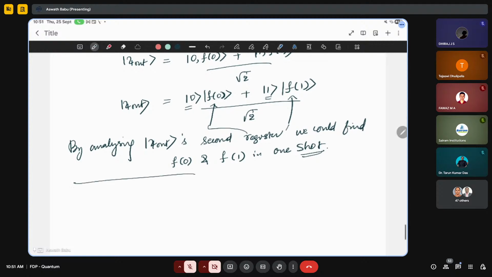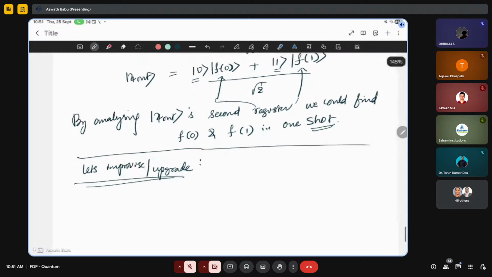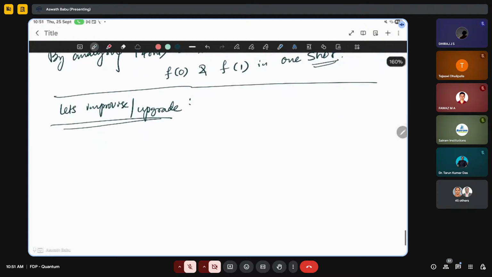Now let's improvise or upgrade. What I am going to upgrade is, I'm not satisfied with just two values. I want to do it for four values. Let's say I have x values 0, 1, 2, 3. Four values are there.